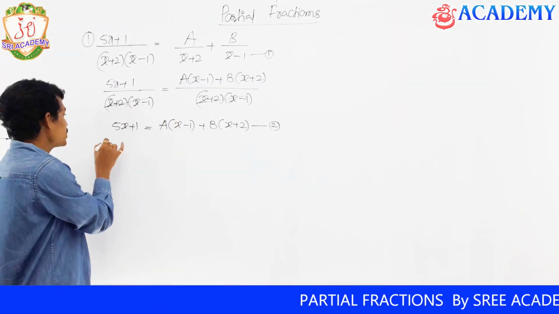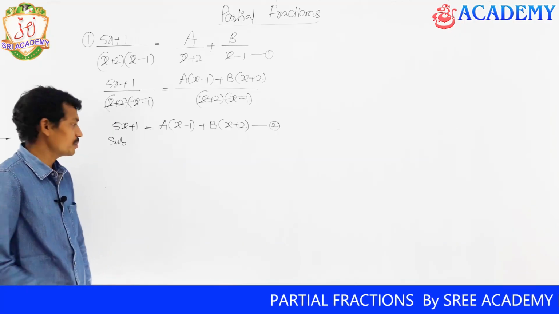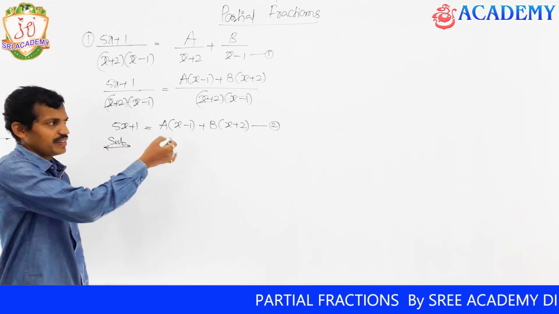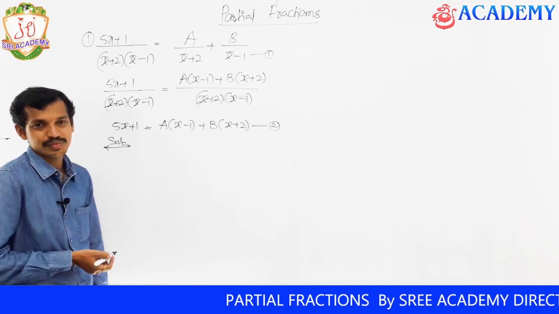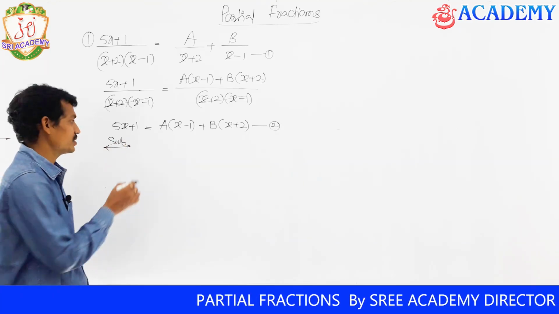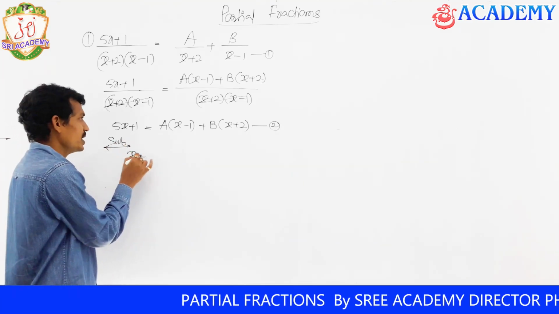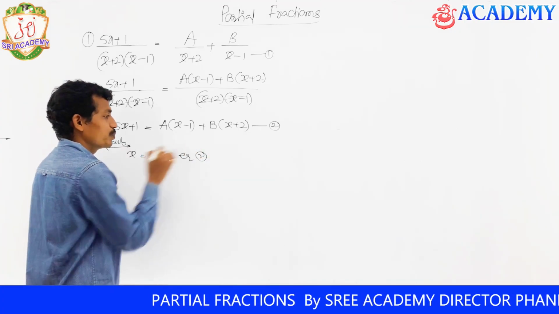Here I am following the substitution method. We have more methods: coefficient comparison method, substitution method, and direct value-taking method. I am taking the substitution method. I substitute x equal to 1 in equation number 2.